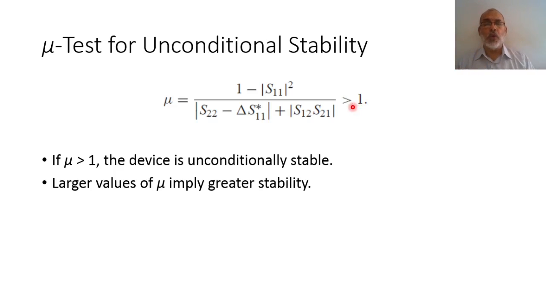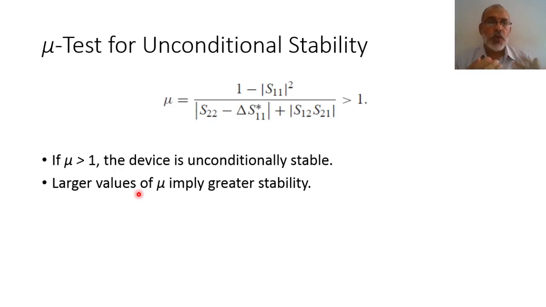The advantage of this test is that if I have a transistor with mu 1.5 and another transistor with mu 3.5, for example, the greater value of mu means greater stability. So if mu is greater than unity, the device is unconditionally stable. On the other hand, larger values of mu imply greater stability.